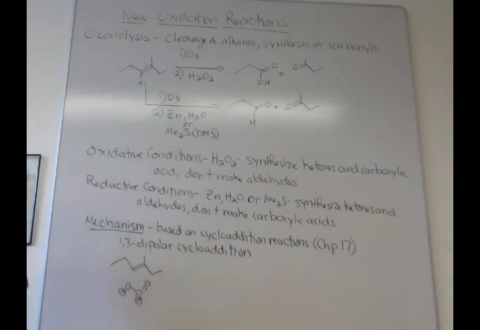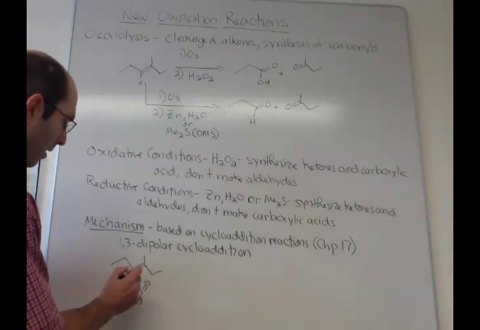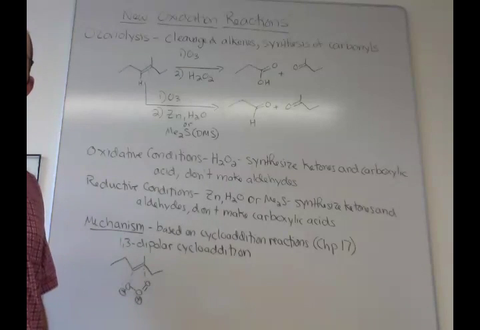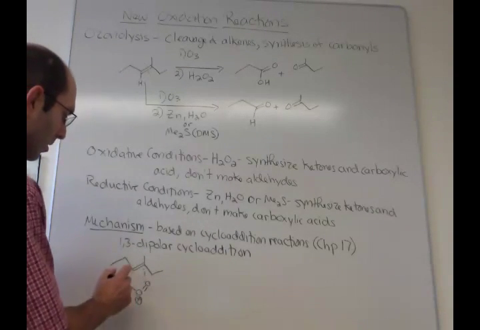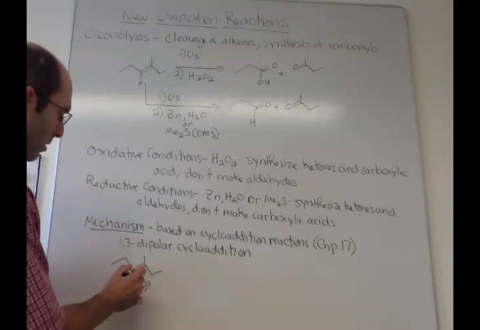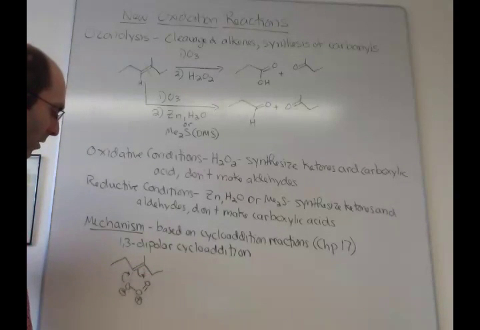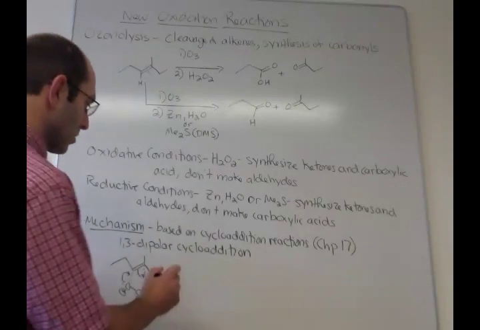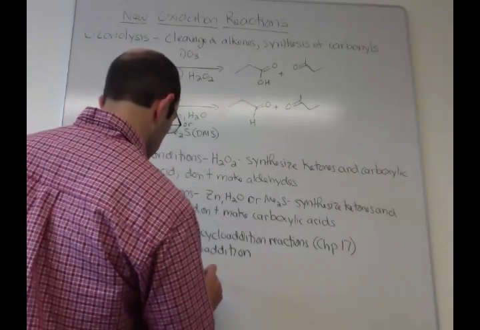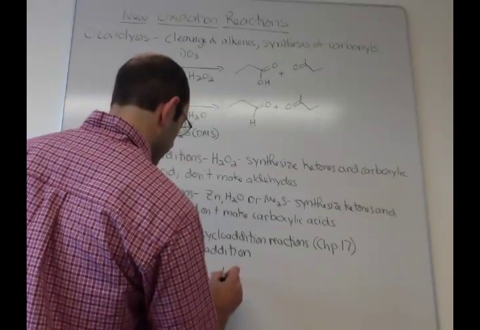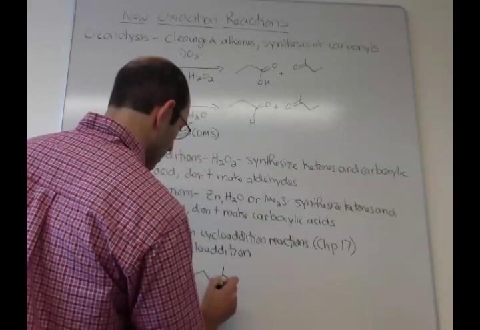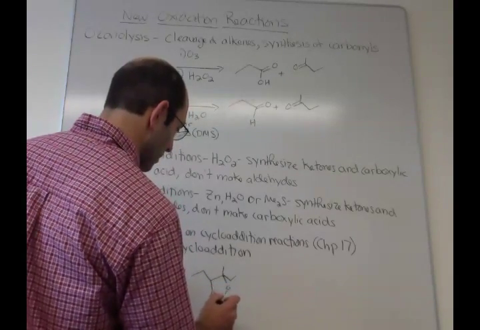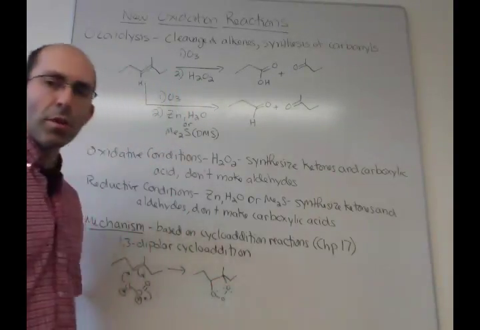What happens in the dipolar cycloaddition is that we're going to make bonds to the alkene from the two end oxygens. So we can attack the alkene with a negatively charged oxygen, the alkene attacks the oxygen on the other end, and then the electrons flow onto the positively charged oxygen so that we generate a new 5-membered ring. And that's the key thing to know about dipolar cycloadditions. They always generate 5-membered rings. All right, so that's what we end up getting.